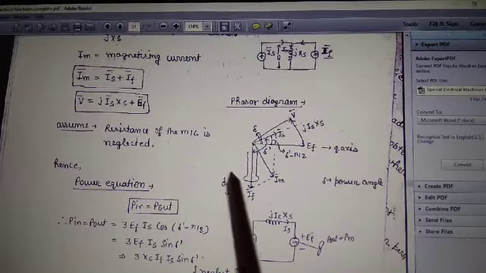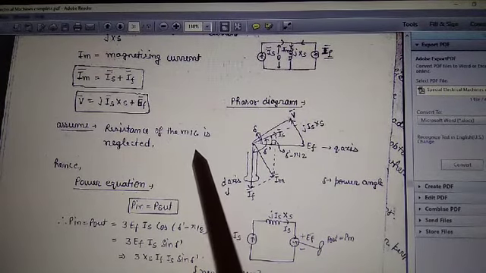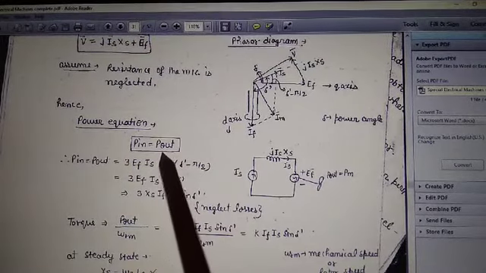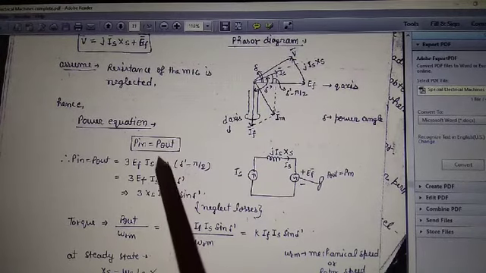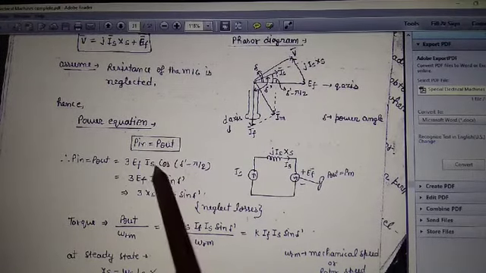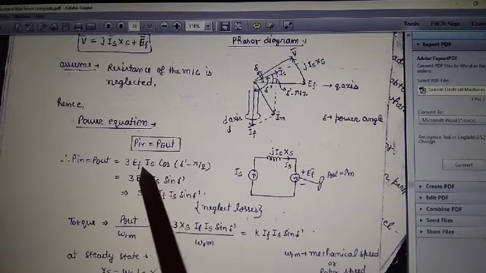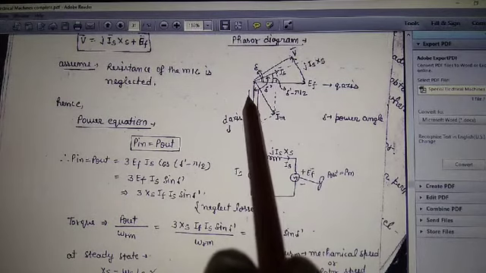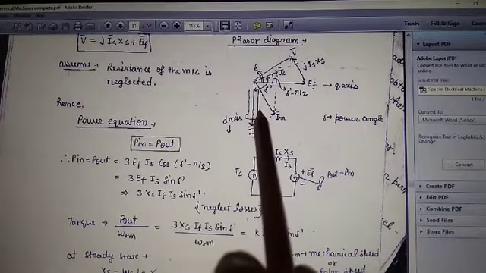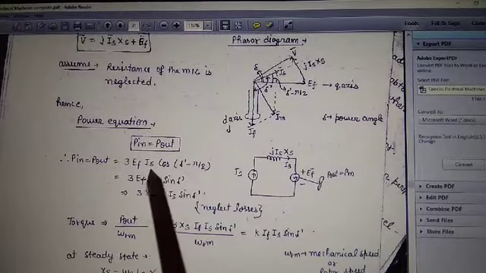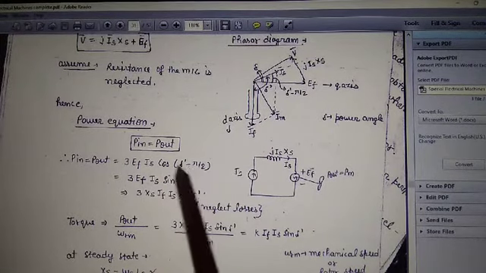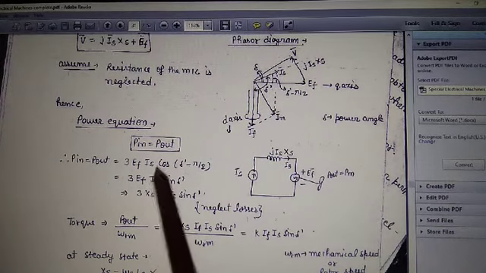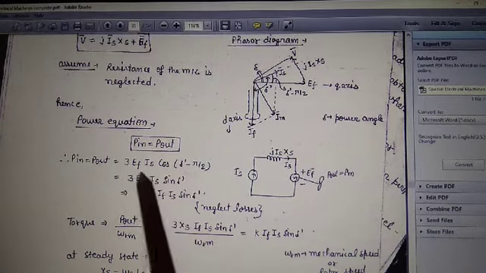Hence, since we neglect the resistance of the winding, we write the power equation. There is no loss, so the input converts into the power output. P input equals P output. Supposing this is three phase, then 3 into voltage into current into cos phi, that is 3 EF into IS into cos of the angle between EF and IS.